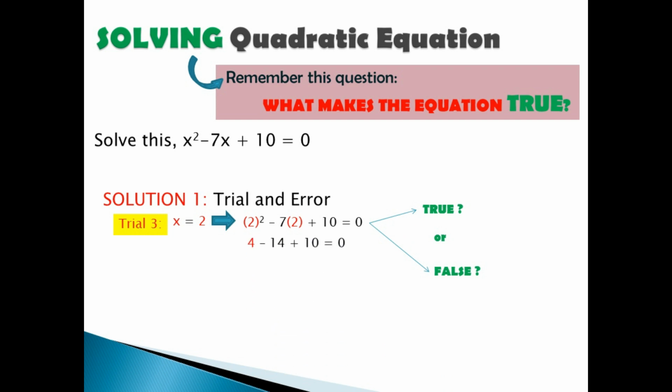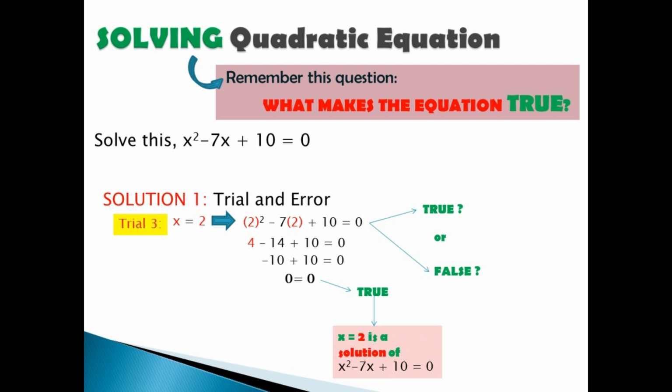Let us simplify again. 2 squared is 2 times 2, which is 4. 7 times 2 is 14, so 4 minus 14 plus 10 equals 0. 4 minus 14 is negative 10, plus 10 equals 0. Negative 10 plus 10 is 0, equals 0, and that's true.